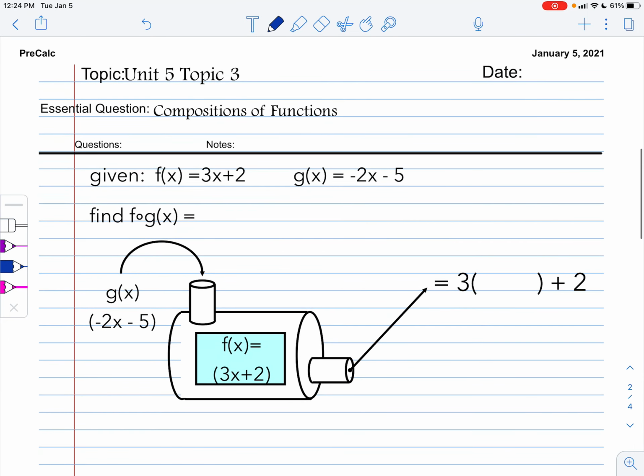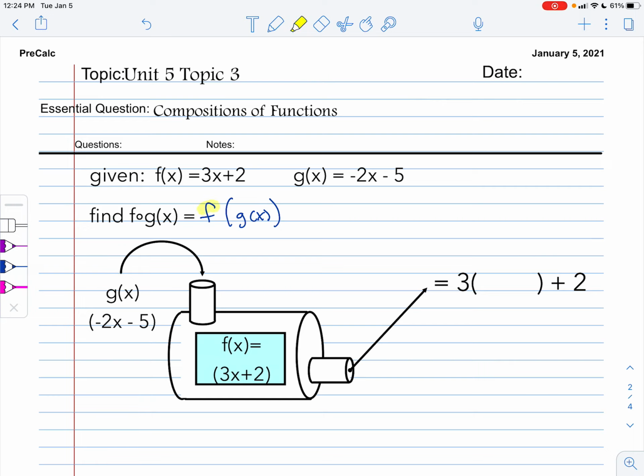All right, so now we're putting equations to this. Okay, so I want you to find f of g of x. If it helps you, write it like this. Because then that reminds me that f is my function that I'm putting into in the blue box here, and I'm going to plug in g of x.